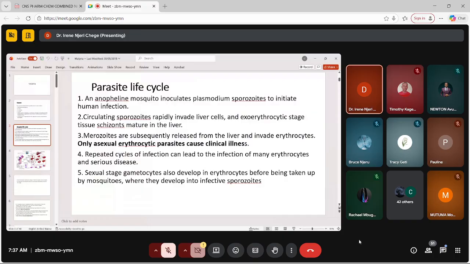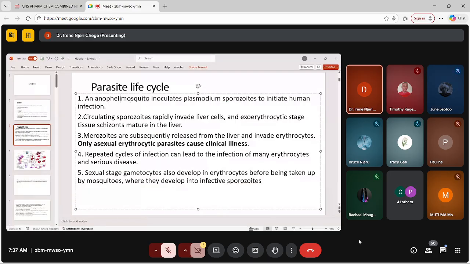Now, I want us to look at the parasitic life cycle. So first we have this Anopheles mosquito. This Anopheles mosquito is what carries the sporozoites.